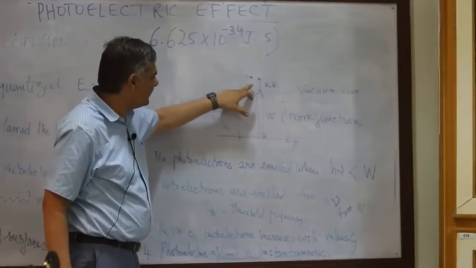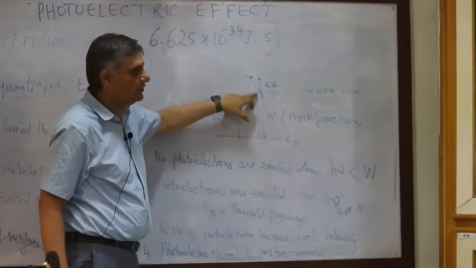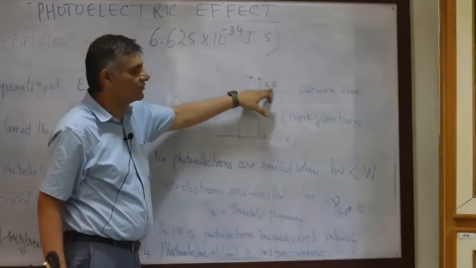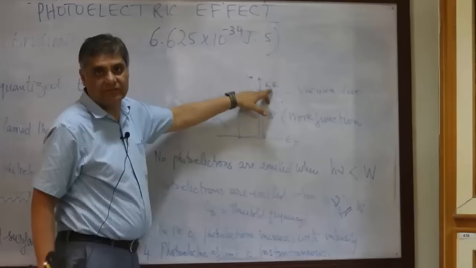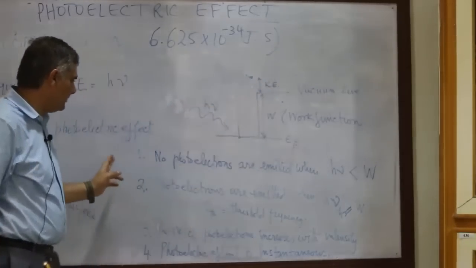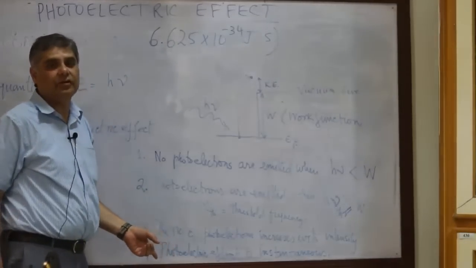So what happens if it is equal? It goes right to the lowest level at the top, but if it is greater than the work function, the remaining energy is converted into kinetic energy of this photoelectron.